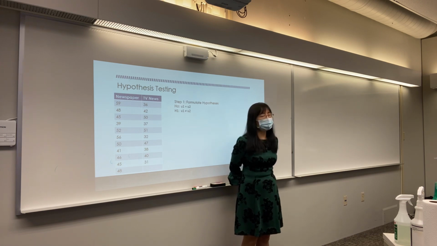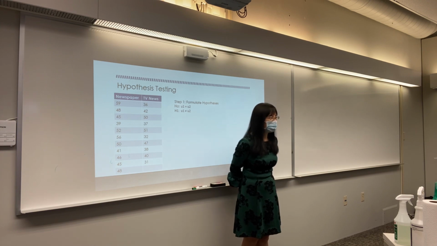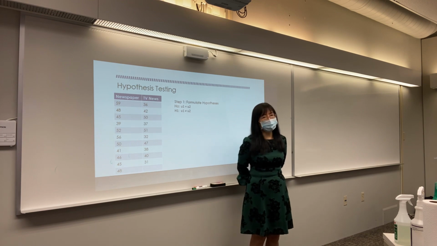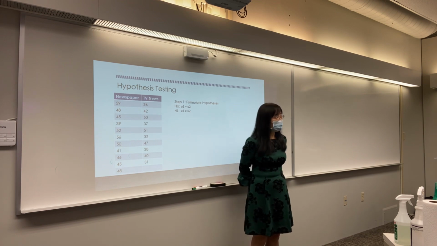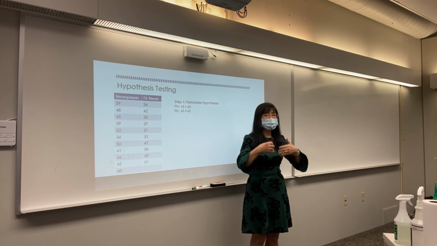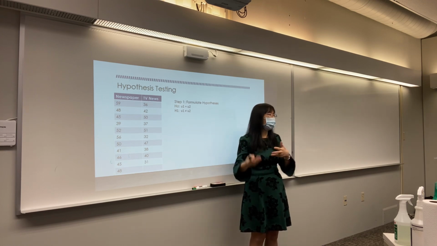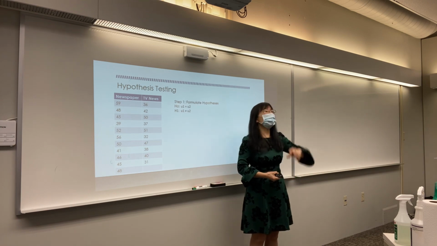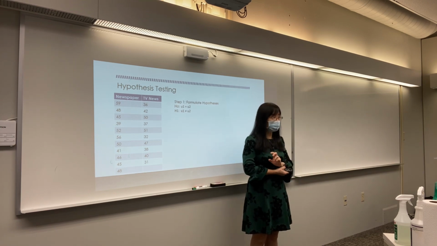Because no matter what we do, we are trying to predict the population. If we say male is different from female, we want to assume that in the population, male is different from female for this issue.